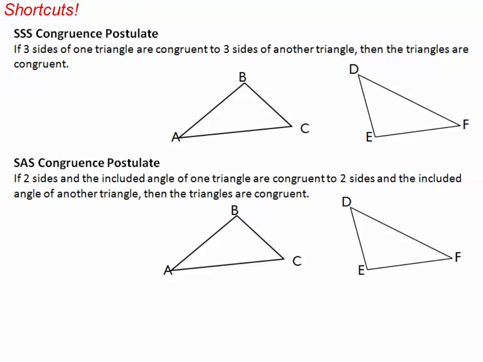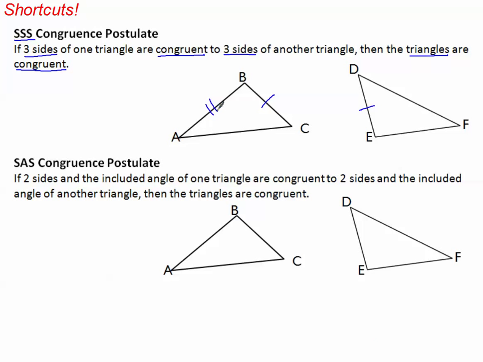And here's our first one, the side-side-side congruence postulate. If three sides of a triangle are congruent to three sides of another triangle, then the triangles are congruent. What does that look like in a picture? Well, let's say side BC is congruent to side DE.